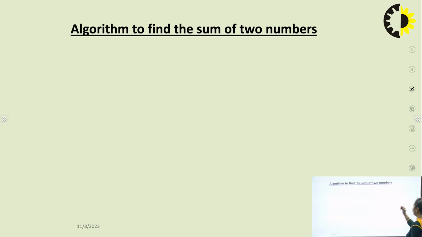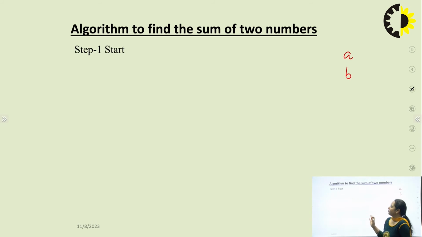As we all know, for addition of two numbers, we need two variables, A and B, as input, and after taking the input, the formula is applied, and after that the result is generated. So we know the process verbally. Now how to write an algorithm for this?